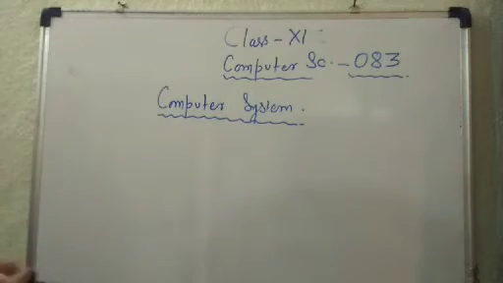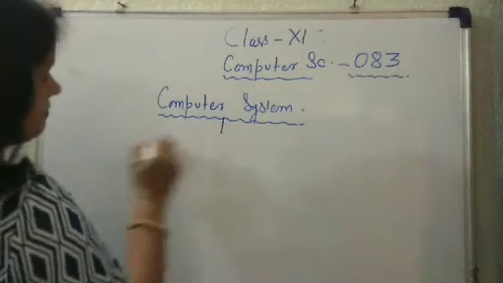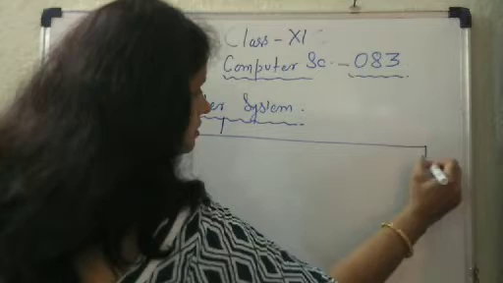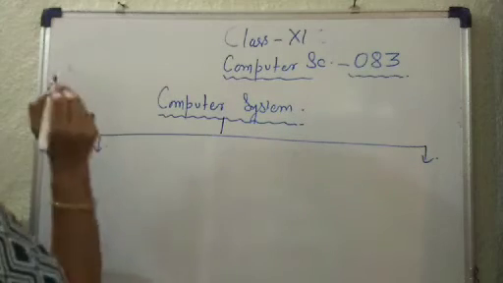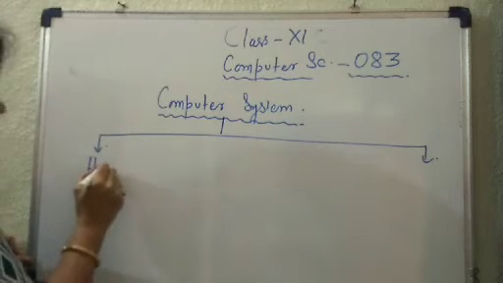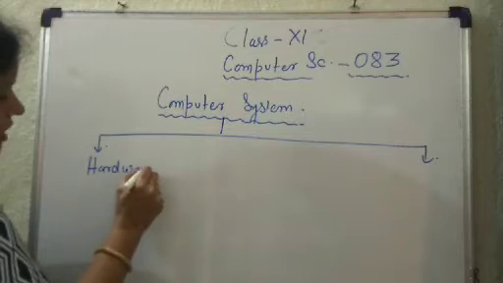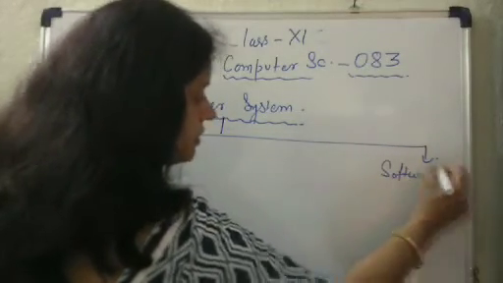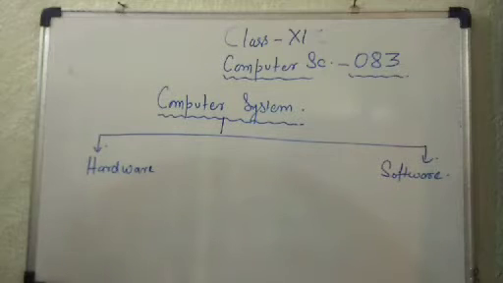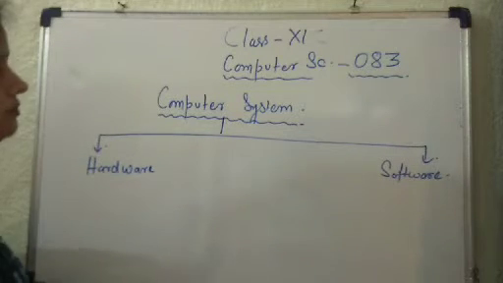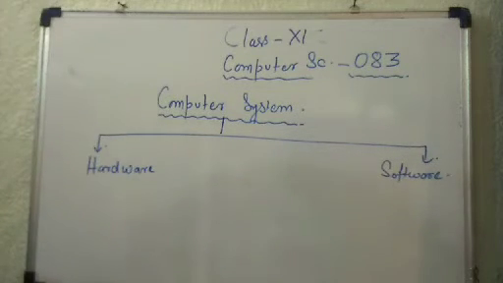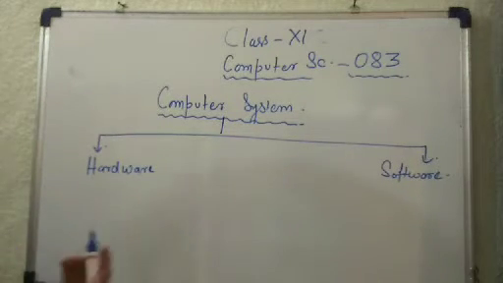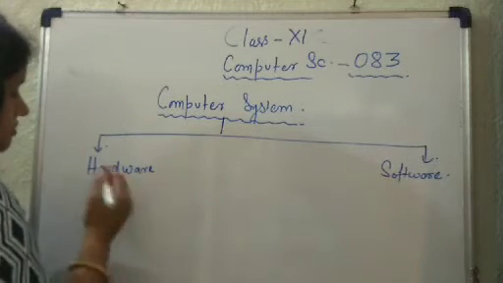Now let us see, the computer system is divided into two parts. One is the hardware, another one is the software. You know this very well, because from the beginning, as you started learning about computer systems, this was taught to you in your classes.